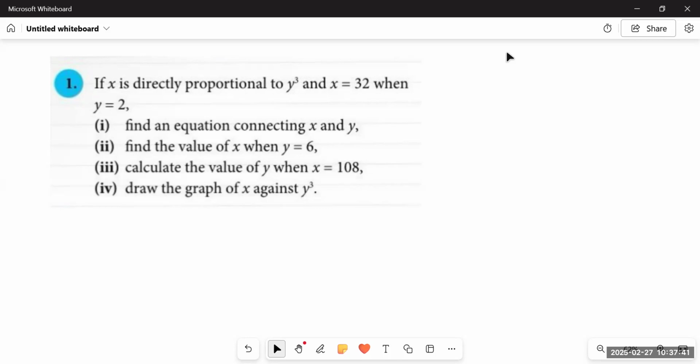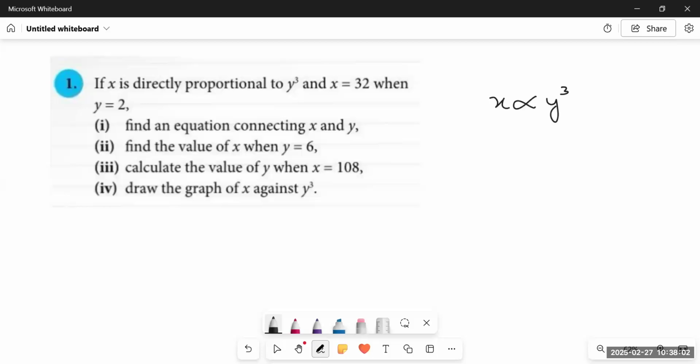So let's start with question number 1, where it says if x is directly proportional to y cube and x is equal to 32 when y is equal to 2. The first thing that we have to do is write down the equation. How are we going to write it down? Initially, x is directly proportional to y cube.